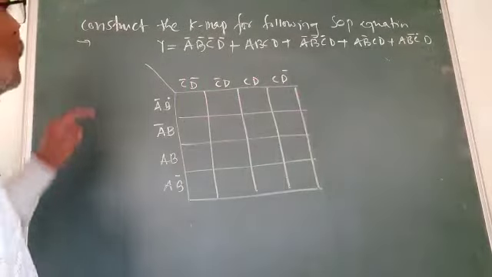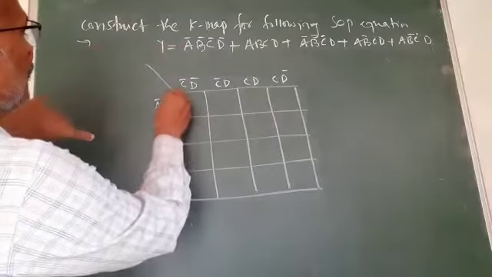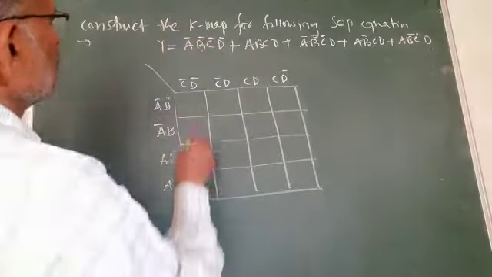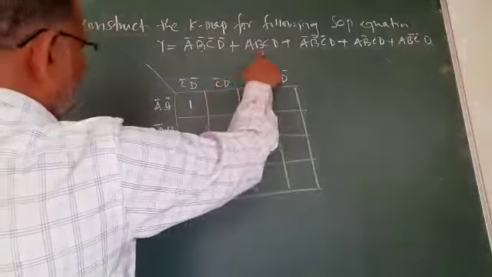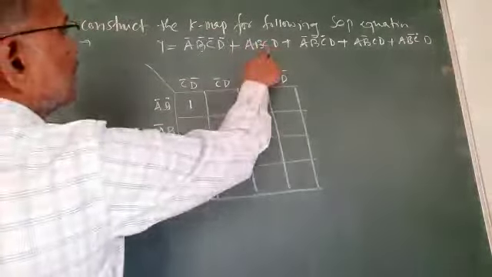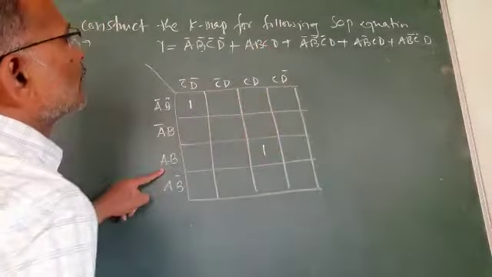So I will find out these values. A bar B bar, here A bar B bar and C bar D bar. So I will put here 1. Again A B, here A B and C D. So A B and C D. So I will write 1 over here.